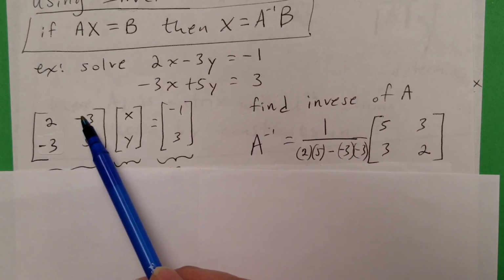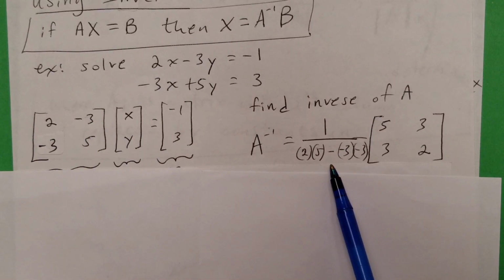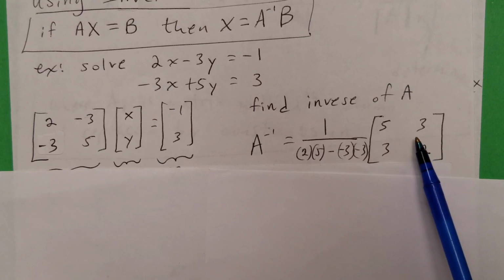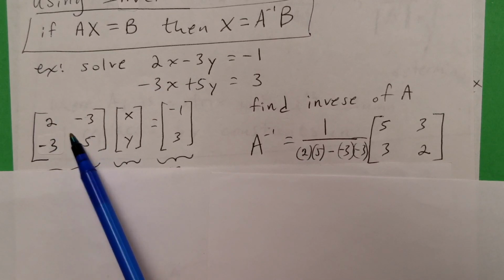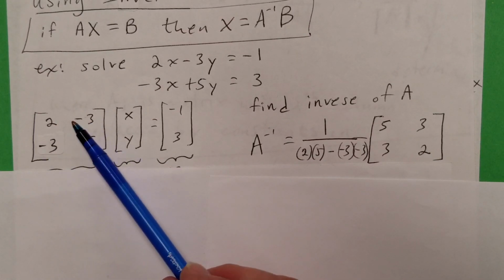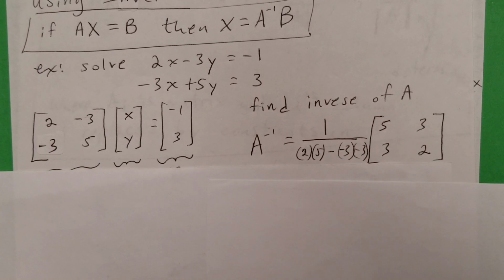That's when you cross multiply like this and subtract the answers. So the determinant goes down here. And what do we do with the matrix? We switch these two, right? 2, 5 become 5, 2. Leave these alone, but change the signs. So negative, negative become positive, positive.